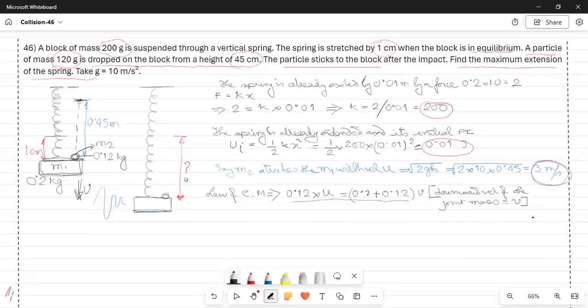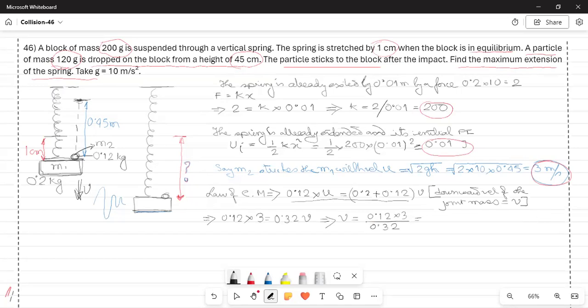From here we find 0.12 into u, which is 3, is equal to 0.2 plus 0.12, that is 0.32, into v. From here we get v is equal to 0.12 into 3 by 0.32.